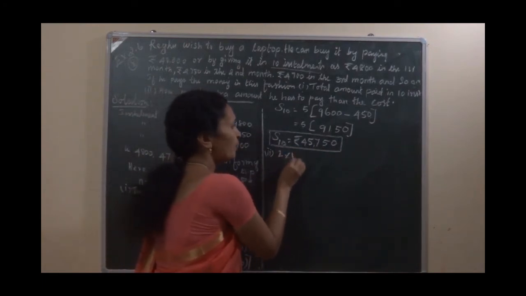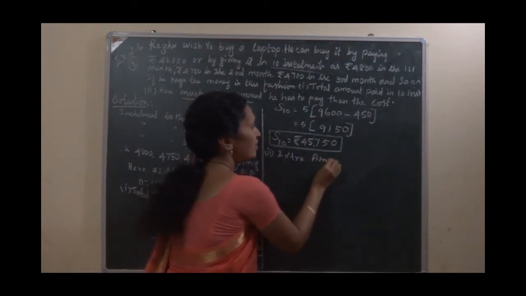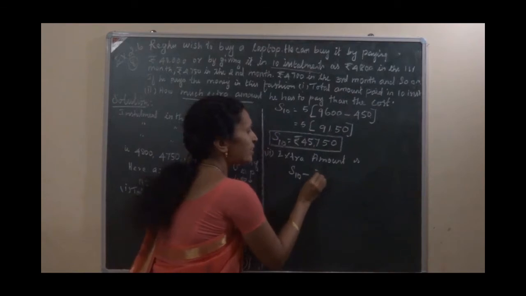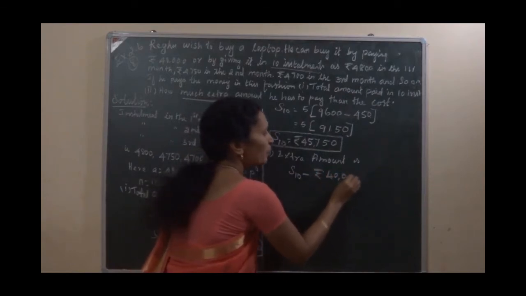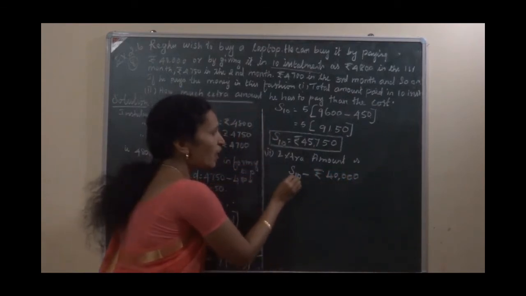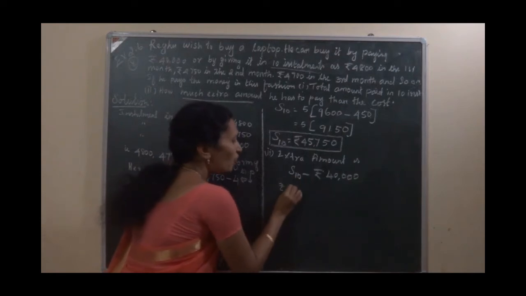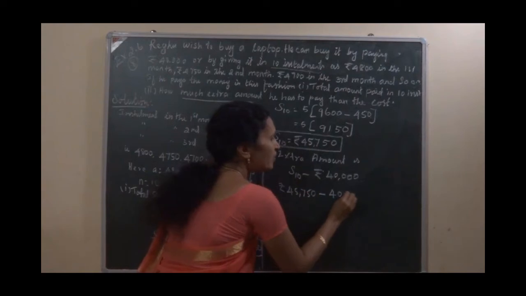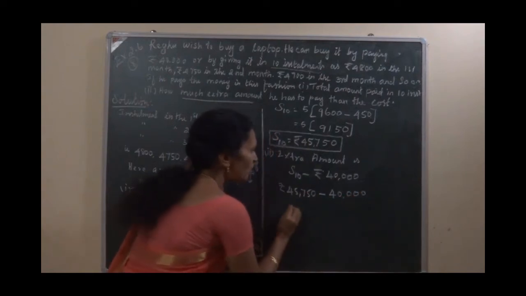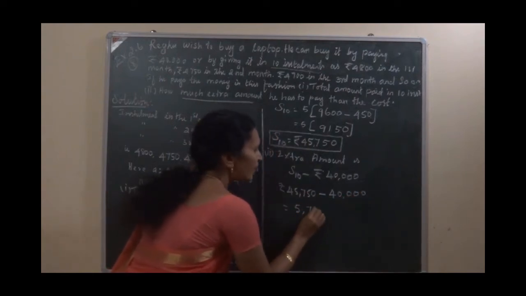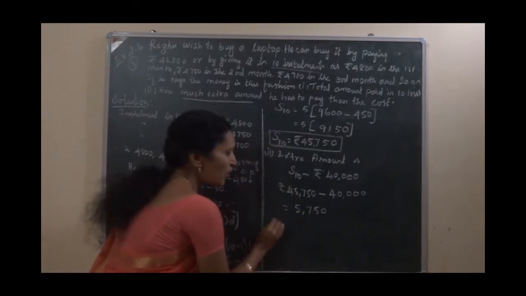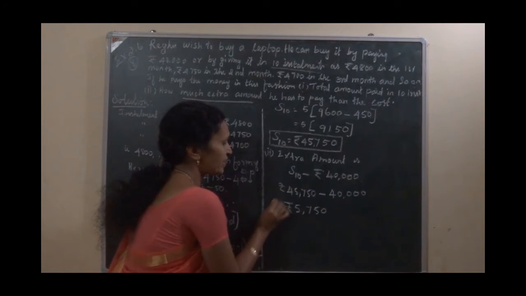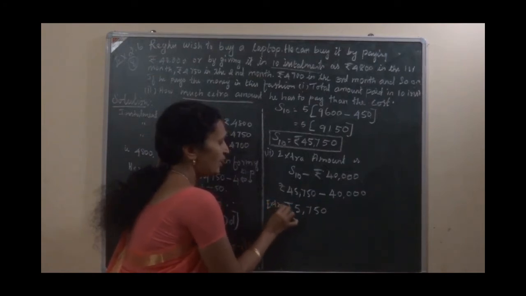Extra amount is S10 minus rupees 40,000. What's the value of S10? Rupees 45,750 minus 40,000, that is equal to 5,750. Extra amount is 5,750 rupees. Clear, students?